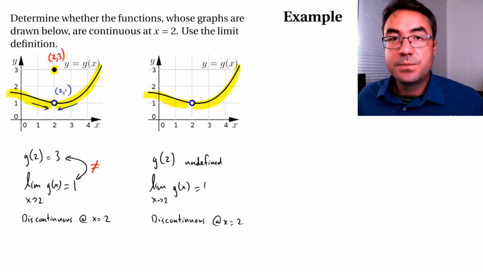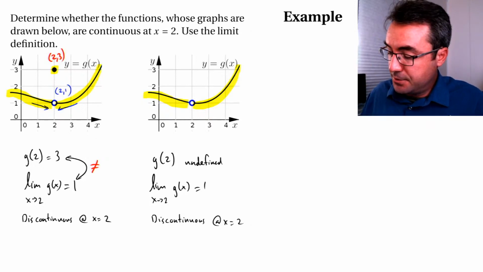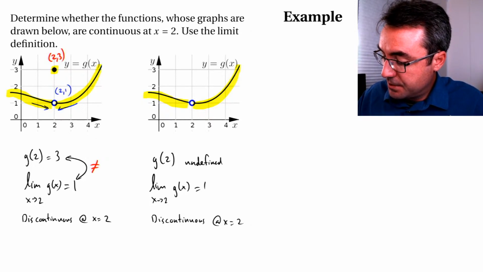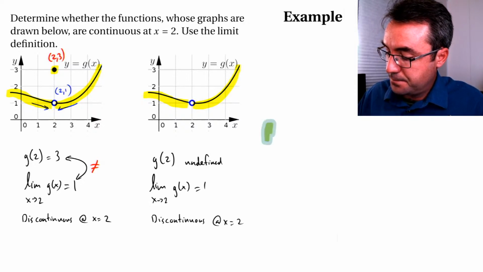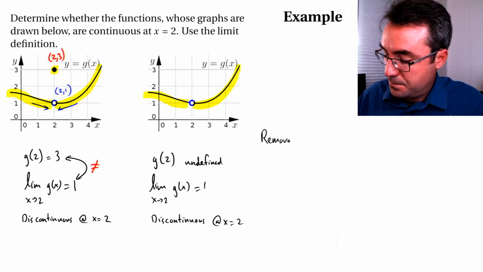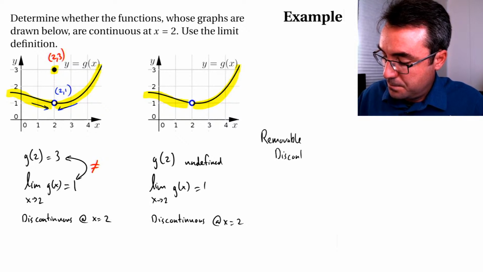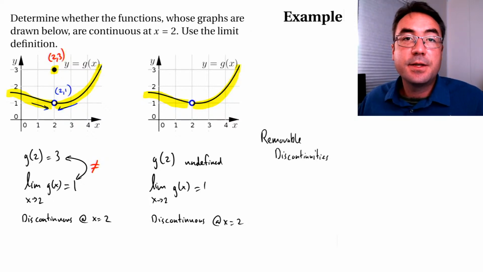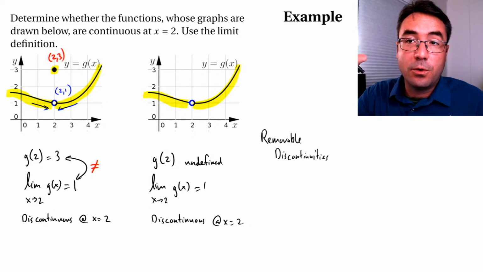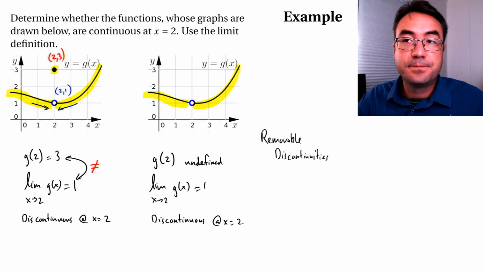Now, we sometimes classify the types of discontinuities. So in both of these cases, we call these a removable discontinuity. And that's because we could just redefine our function, basically just plug in the hole, and all would be well.